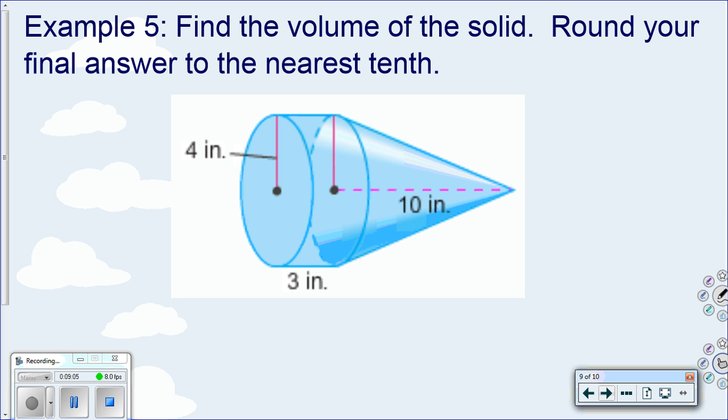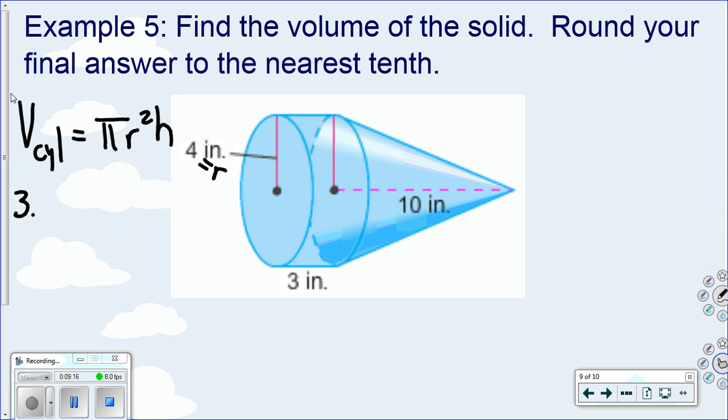Over here, I'm going to start with the cylinder. So the volume of the cylinder, pi r squared h. The radius of the cylinder is 4. 3.14 times 4 squared. And the height of the cylinder is 3.